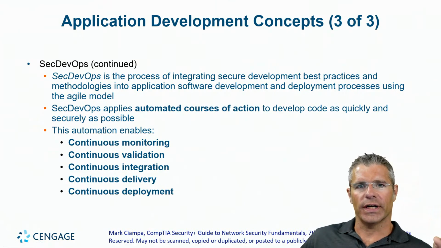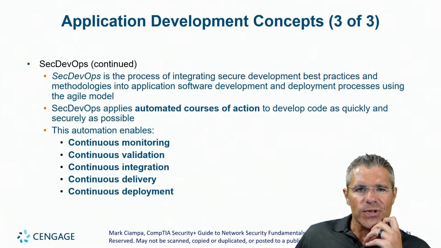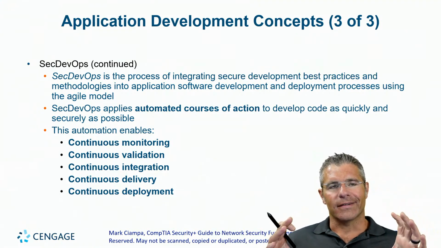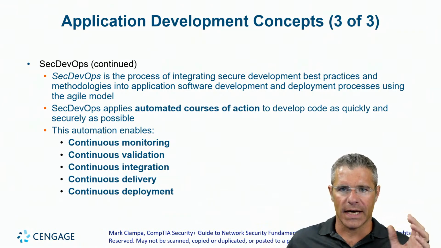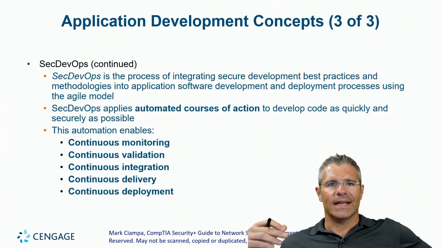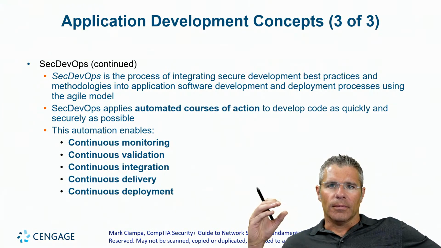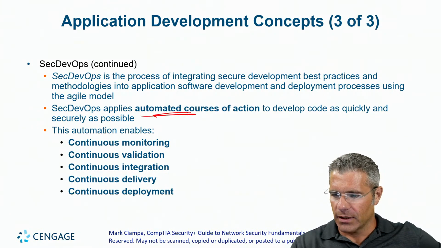DevSecOps integrates security into that so that you're making the best use of those processes in order to further the goals of security, right? We're going to take this agile process or this waterfall process and integrate into it as much security as we can. So a lot of that we would like to be automated.